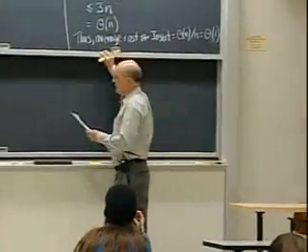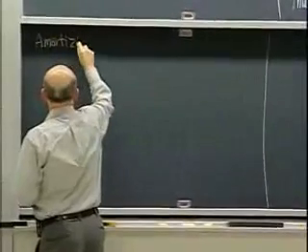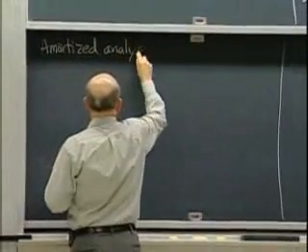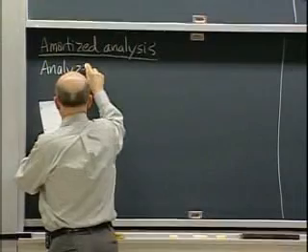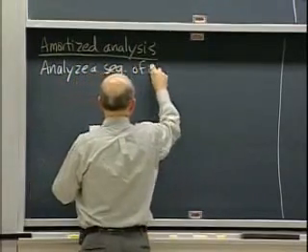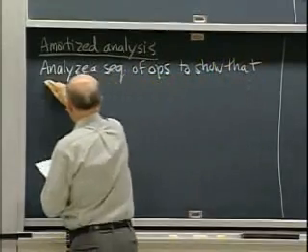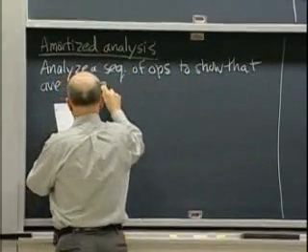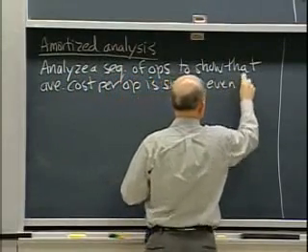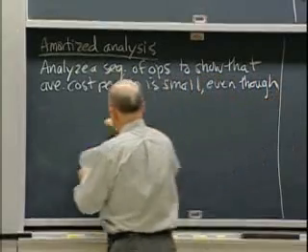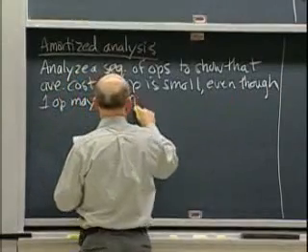So if we summarize that, in an amortized analysis, we analyze a sequence of operations to show that the average cost per operation is small, even though one operation, or several even, may be expensive.